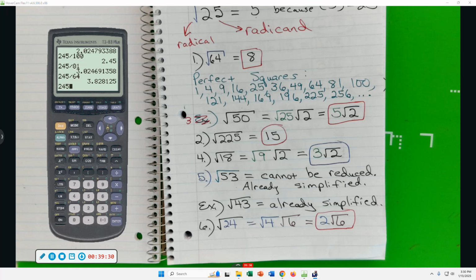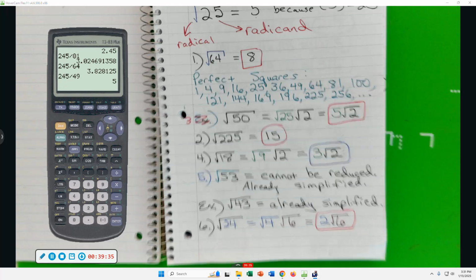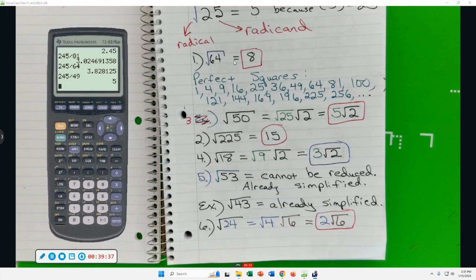No. 49? Yeah. 49 times 5. I'm hoping by showing this you see my thoughts. Okay, so that's how I'm deciding on 49 and 5. Sometimes stuff I can do in my head, I don't want to do in my head because y'all can't see inside my head. That's why I'm using the calculator there.